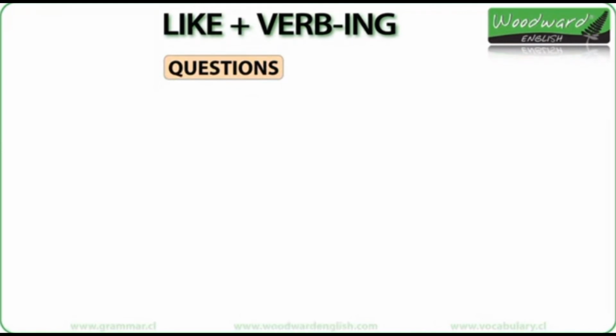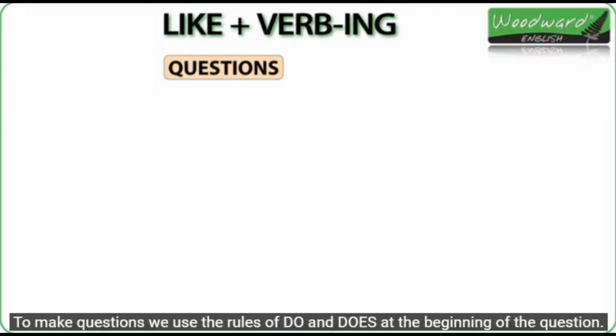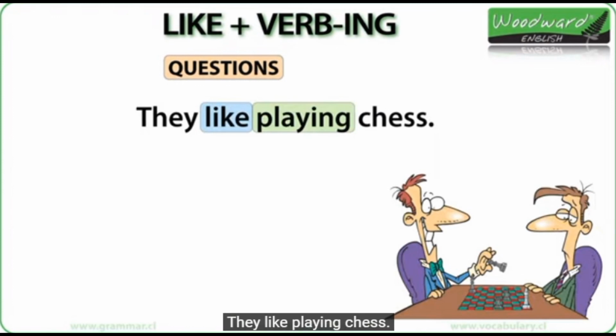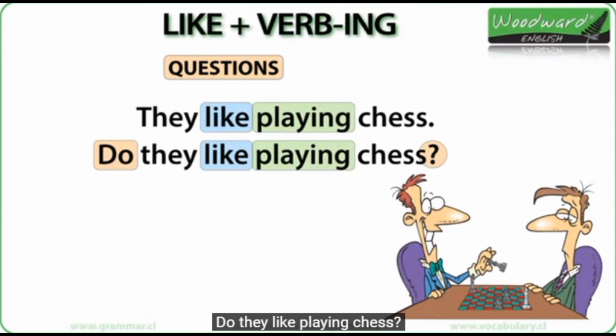To make questions, we use the rules of do or does at the beginning of the question. They like playing chess, affirmative sentence. To make a question with they, we use do at the beginning, so it becomes, do they like playing chess?